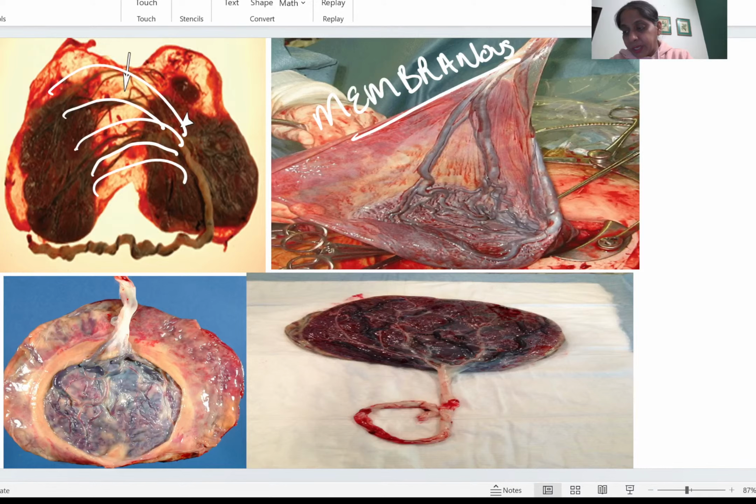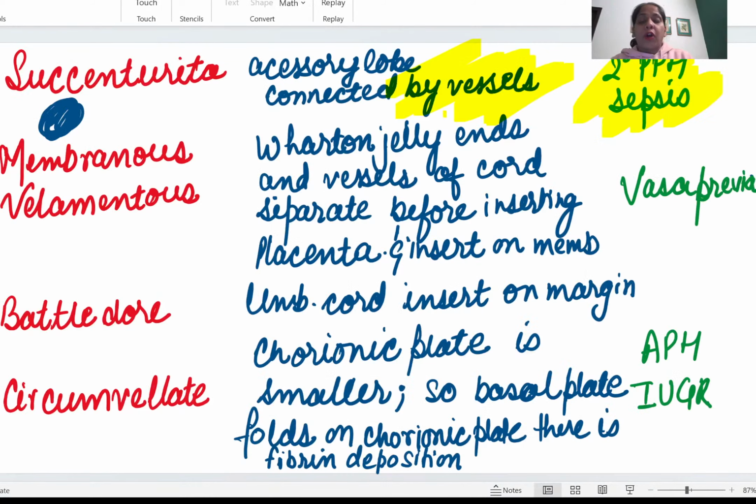Now, what if this Wharton jelly ends beforehand, before inserting at the placenta? Then the vessels will separate right before their insertion. So that is the membranous or filamentous placenta. Wharton jelly ends before the cord inserts into the placenta.